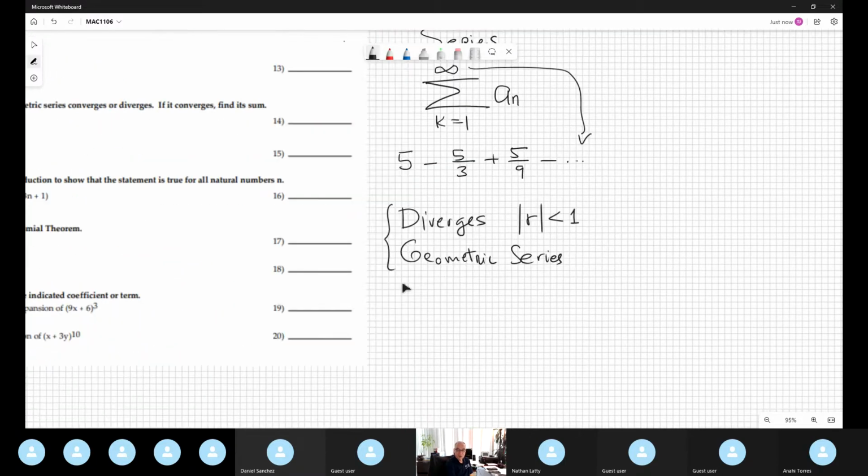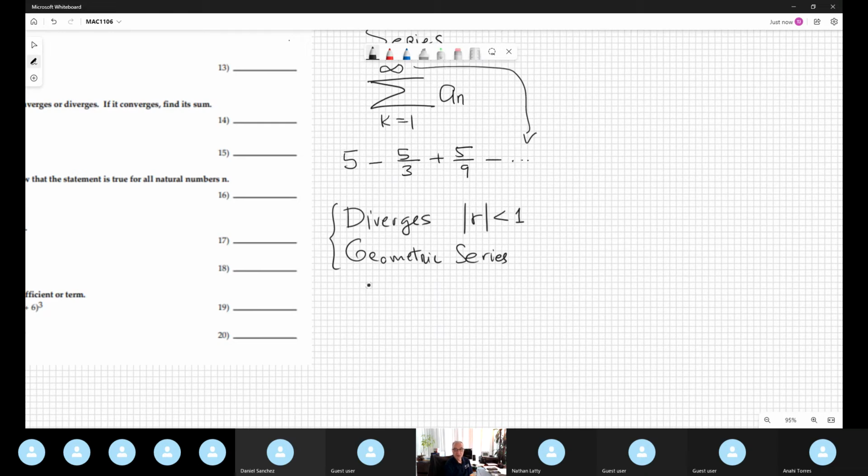So now I analyze this sequence: A1 is 5, and A2 is minus 5/3. Therefore, the common ratio is negative 5 over 3 divided by 5, which is negative 5 over 3 times 1/5.